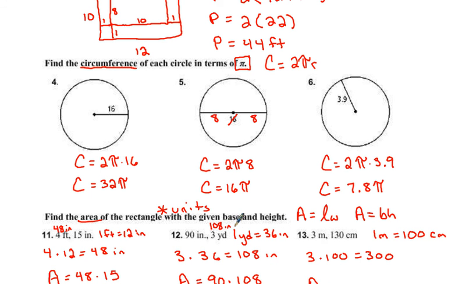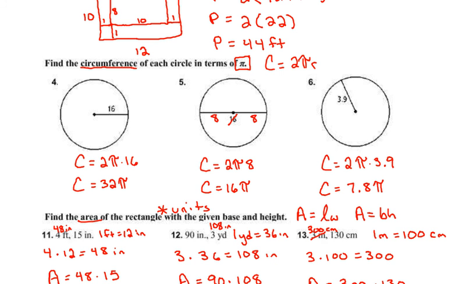We're going to plug it into our area formula. Now that we know this is 300 centimeters, I would do 300 times 130. That's going to give me the area equal to, now this is a big number, guys, 39,000 centimeters squared. Now, a centimeter squared is just a little tiny block, but 39,000 of them would take up a lot of space.